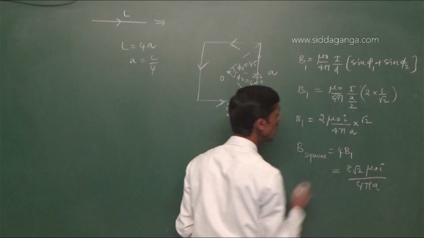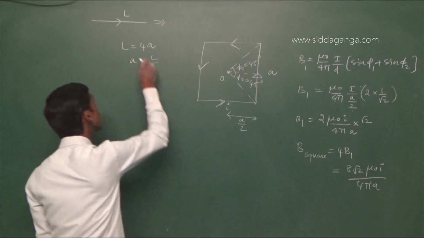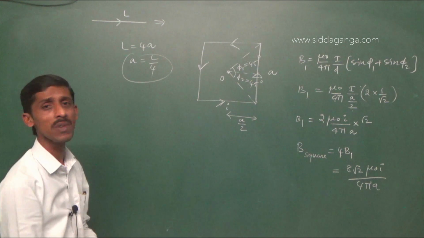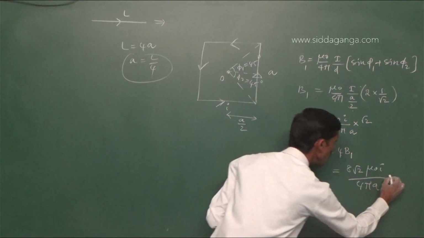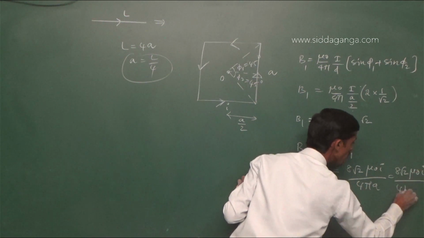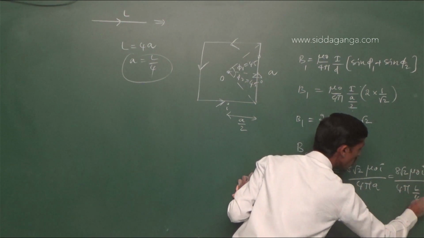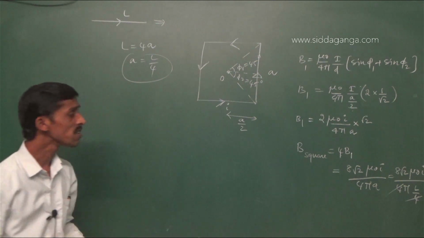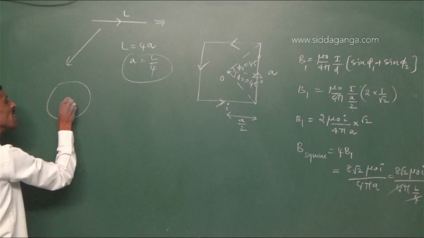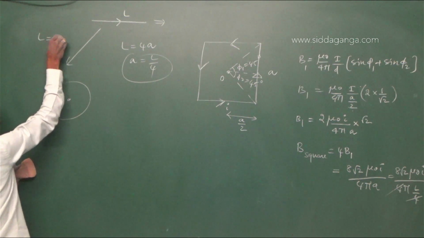Sorry, we have missed a. Now don't forget, a wire of some length is bent, so in terms of length, a is L by 4. So 8 root 2 mu naught I by 4 pi a, with a equal to L by 4, the 4 gets cancelled.